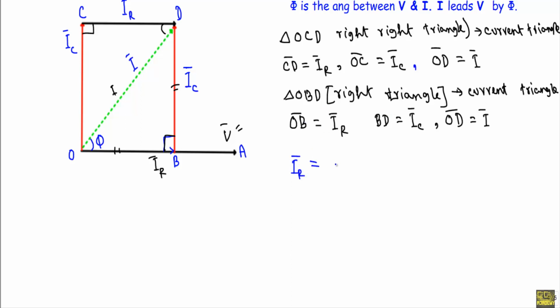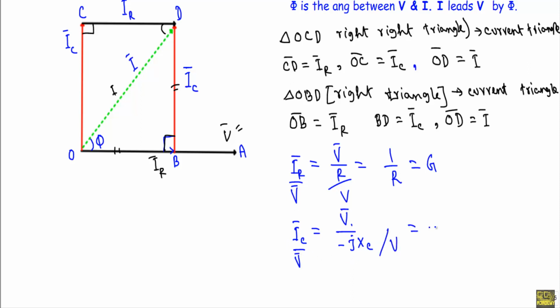We know that IR is equal to V over R. If I divide this IR by V, I will get IR over V is equal to 1 over R, which is equal to G. This BD is representing IC. IC is equal to V over minus jXC. If I divide this IC by V, I will get 1 over minus jXC.